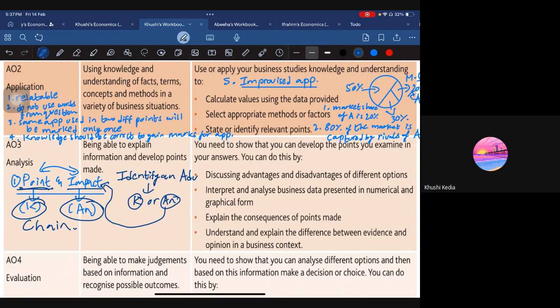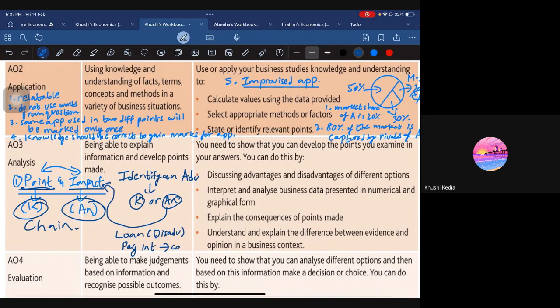So let's suppose you are writing about one of the disadvantages of a loan, and you say that you have to pay interest. Is that an analysis? No, sir. It's a knowledge mark. And if you write that with the interest payment, the cost of business increases, now what is this? The analysis. This is the analysis. Very good. Now you understand this? Yes, sir.